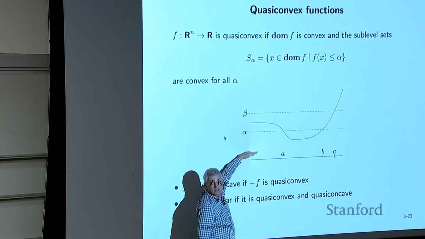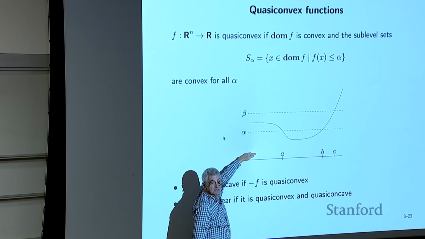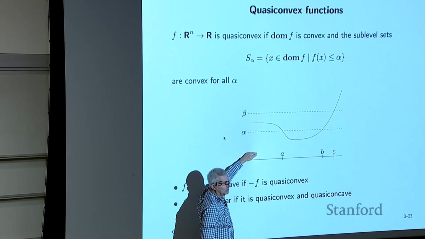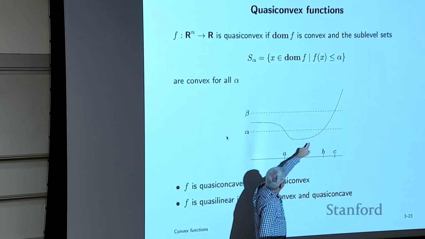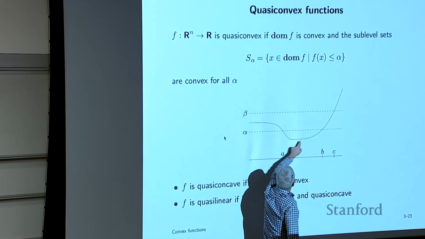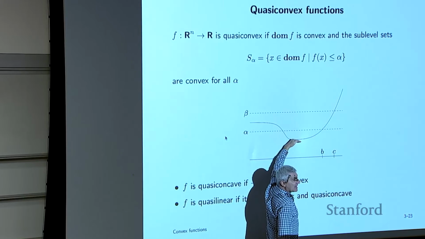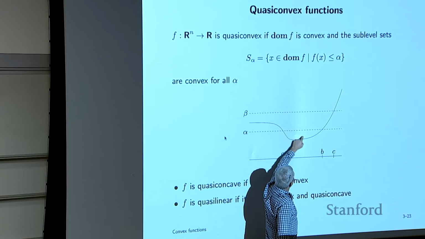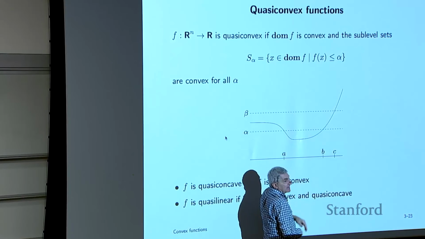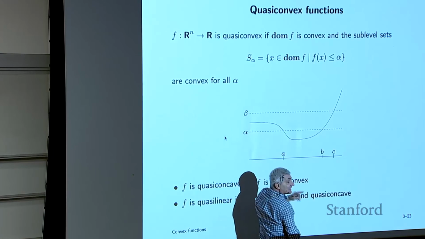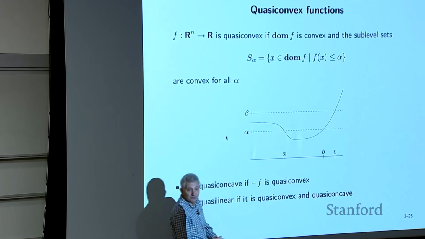No, I'm down here. It's empty. See, it's the empty set. Is the empty set convex? Yeah. So that's cool. If I put something that just touches the bottom of this, I get a singleton, the minimizer. That's convex. Now, as I raise this level, you get an interval, but intervals are convex. What happens is if I raise it at the value beta, I get a half infinite interval, right?